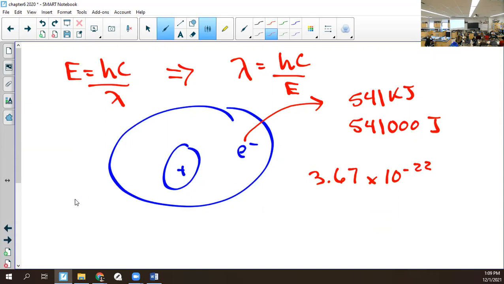Okay, let's see. This is a question, we better read it now. How many subshells are in the fourth shell?